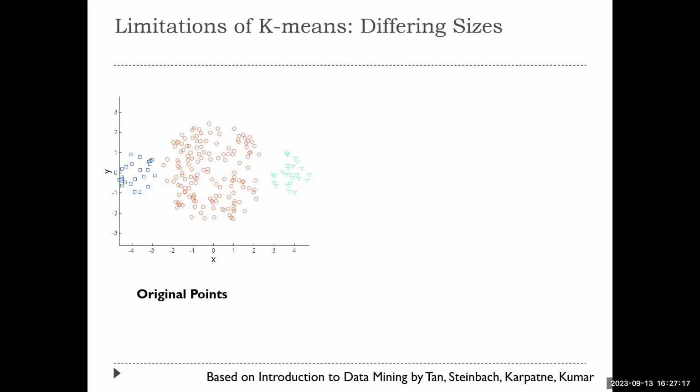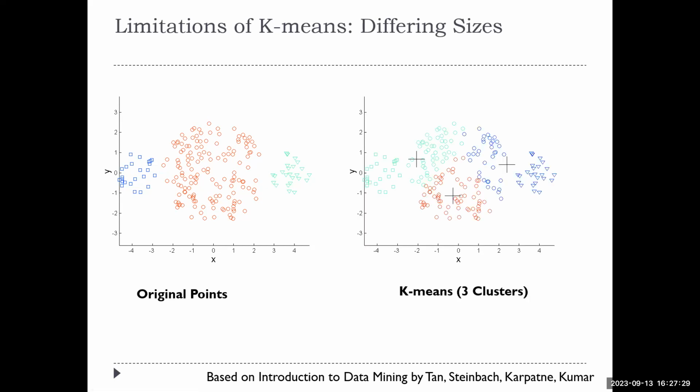If we apply k-means with k is equal to 3, this is what it's going to do. It doesn't look at the shape, it just looks at the distances between data points. So it basically splits into 3 sets of close points.